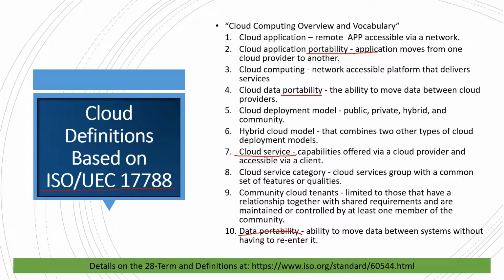So if we take the 3 portability, the 8 cloud service terms, and then we also get the models, which is 4 of them, we've got half of the terminology of the 28.